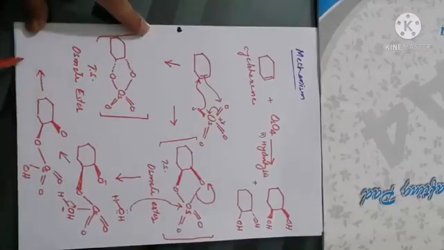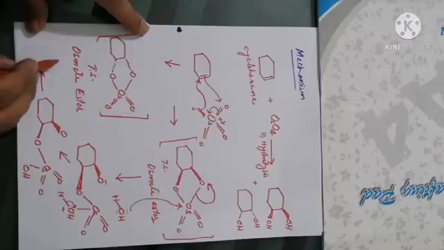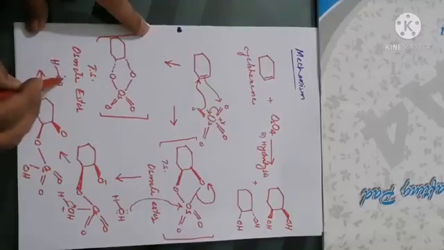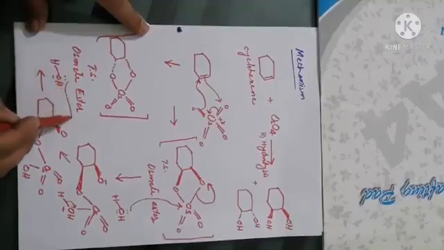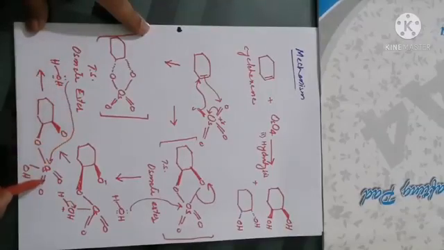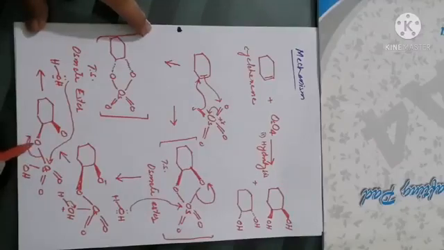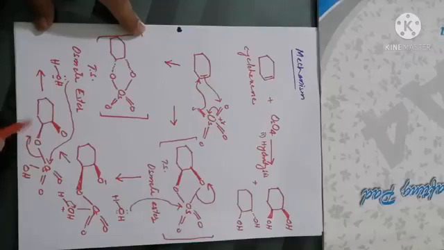Again, there would be an attack of the hydroxyl group over here, then there will be the shift of the bond. We will get the negatively charged oxygen atom, and then there will be a proton shift.